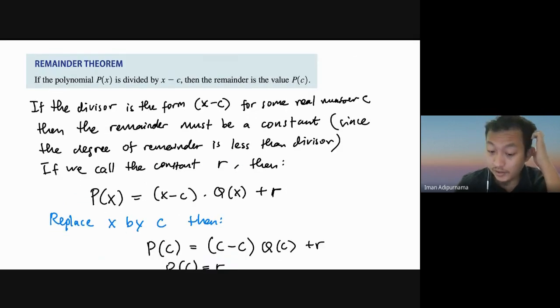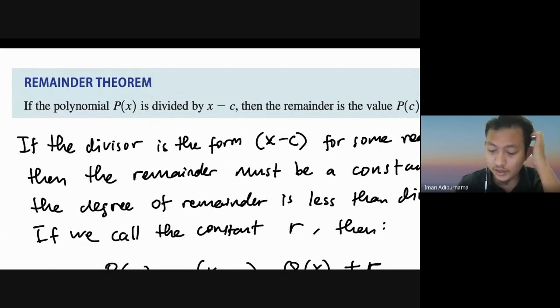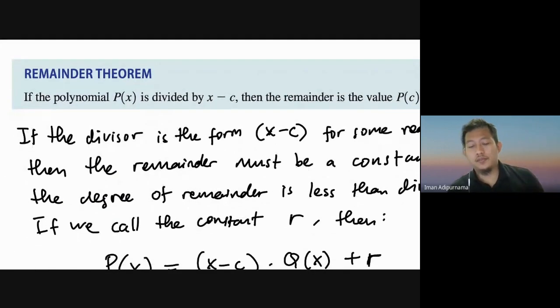In other words, in the early introduction of quadratics or polynomials, you know that there are zeros, right? The solution for x. If you can factor the function, then you can use the factors to get the solution. For example, if it is x minus c, then the solution of x will be c, right? When you plug in c, it should be 0.